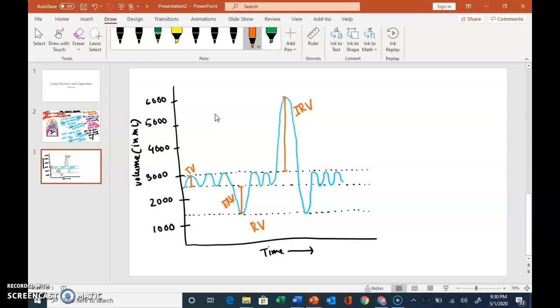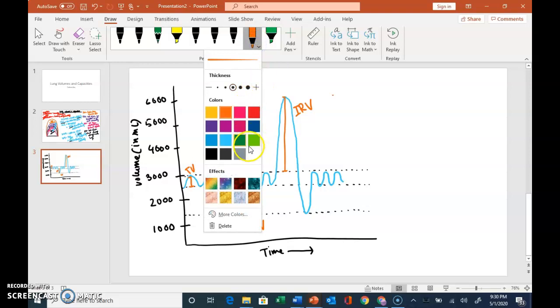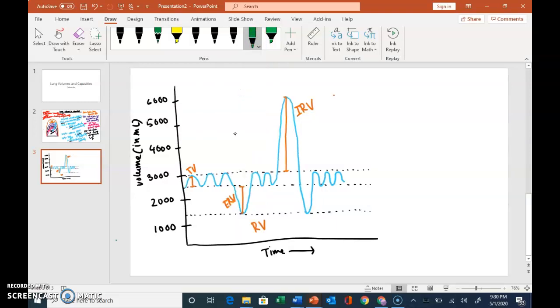Now, if you add up everything, this whole thing, I should use a different color. Let me take green. Okay, so this whole RV plus ERV plus TV plus IRV is total lung capacity.